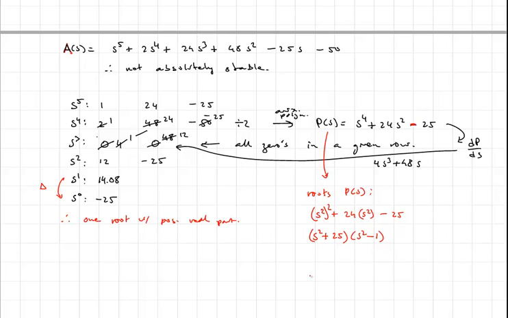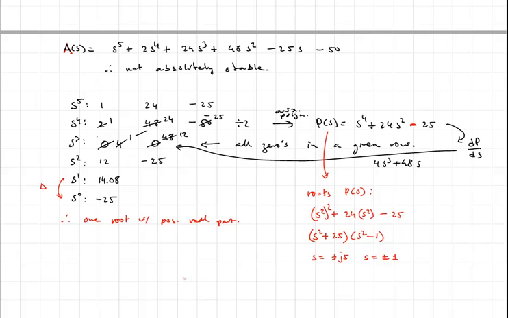Okay, and the roots for this are s equal to plus or minus j5, and s equal to plus or minus 1. And it turns out that the roots of this auxiliary polynomial are also the roots of the original polynomial.